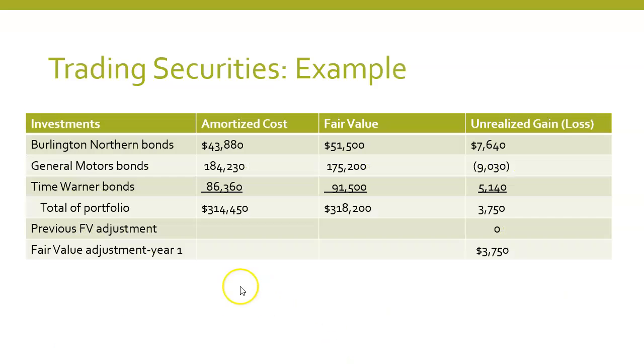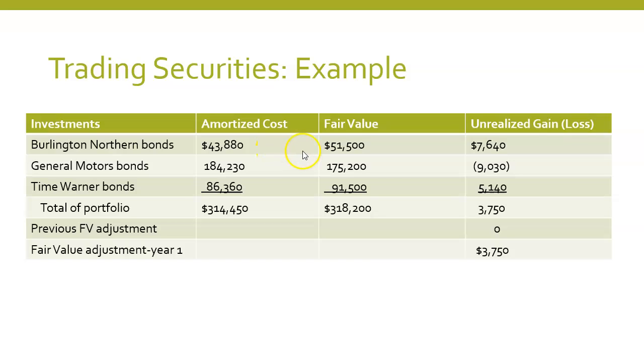Okay, so here's an example. If we had Burlington Northern bonds and their amortized cost was $43,880, that means the cost, the carrying value, the cost that we paid for them, plus and minus any discount or premium up to today.